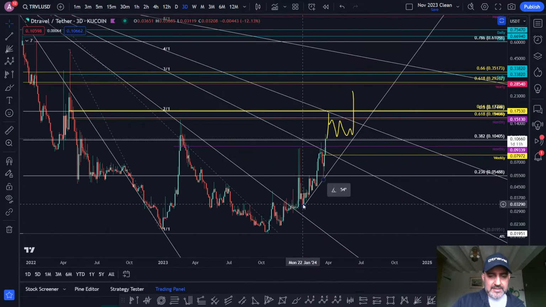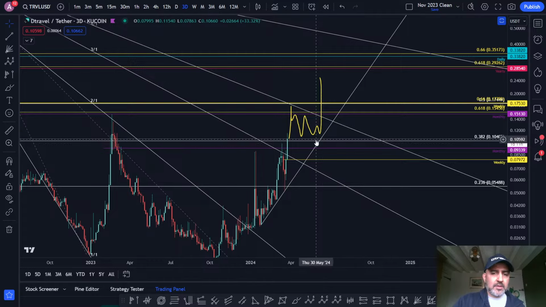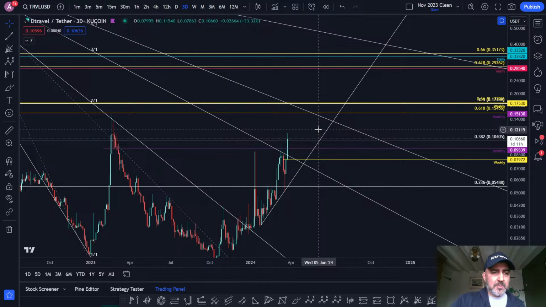But this is a really nice trend line. So if you do get a back test at the right time with this trend line corresponding with other lines, then that would be a good place to buy, if this kind of price action was to present itself over the next few months.